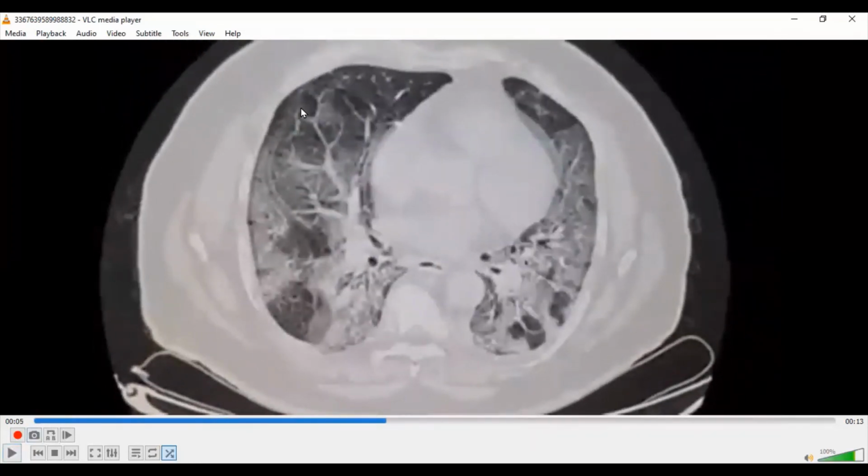Now you can see there. One thing is this: you can see this subpleural distribution, predominantly peripheral distribution. You can see here also. We marked it for you. As you can see here, it's pleural or peripheral. Here you can also say predominant. And also these opacities have basal predominance.